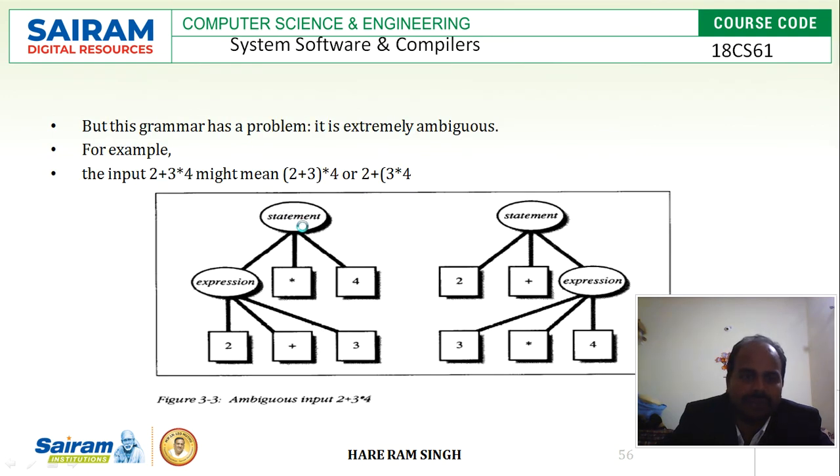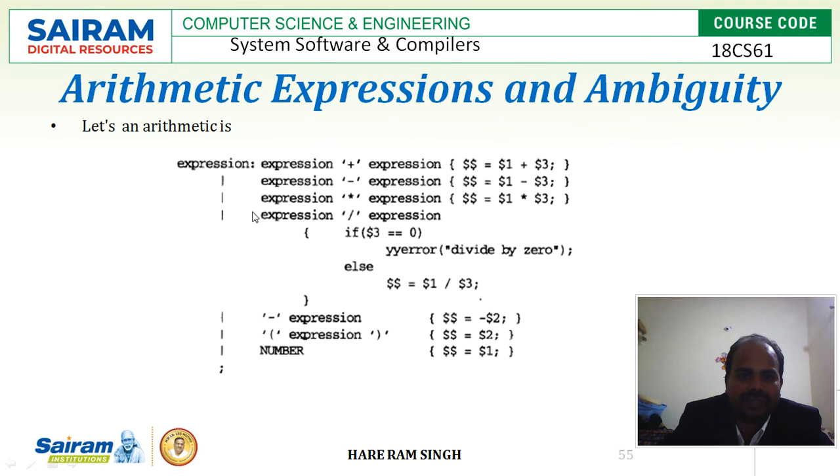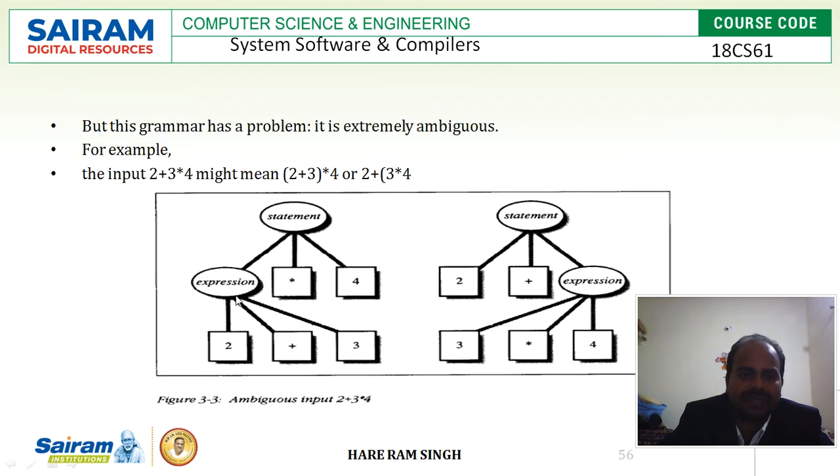For example, the statement is expression into 4, where 2 plus 3 is an expression, and that expression can be 2 plus 3. The second parse is the statement 2 plus expression, where the expression equals 3 into 4. So for the same input string two parse trees are generated. So it is called an ambiguous grammar.